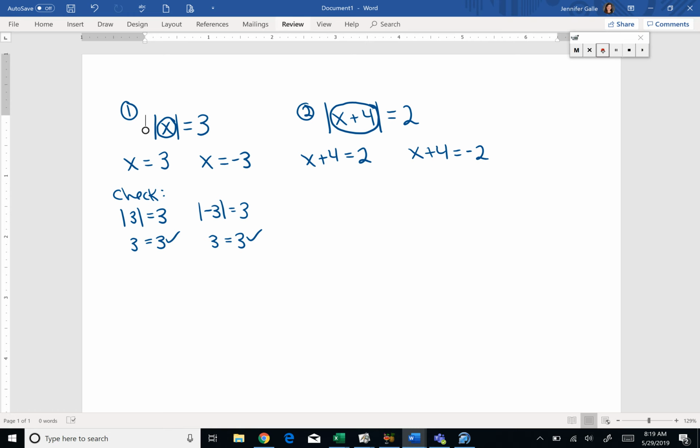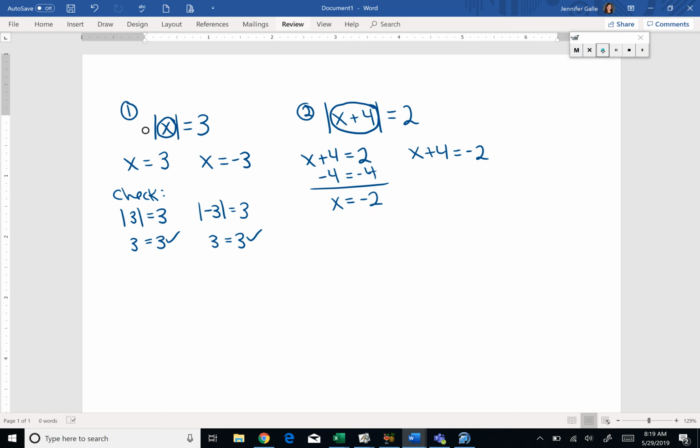Now I just have a couple easy one-step equations to solve. I need to get x by itself in this first one. So to do that, I just subtract 4. I saw some of us dividing by 4. Some of us were trying to multiply by 4. We're doing some goofy things with that 4. Go back to what you know.